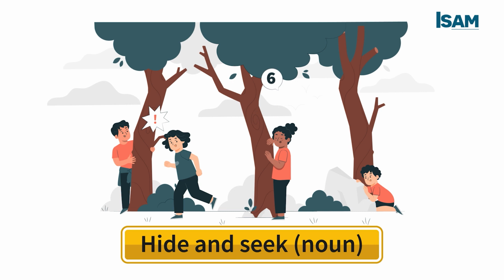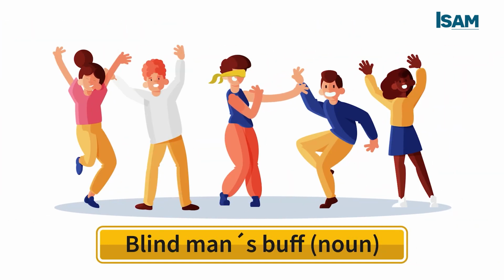Hide and seek, a game in which one or more players search for another player who is hiding. Blind man's buff, a game in which a blindfolded person tries to catch and identify the other players.